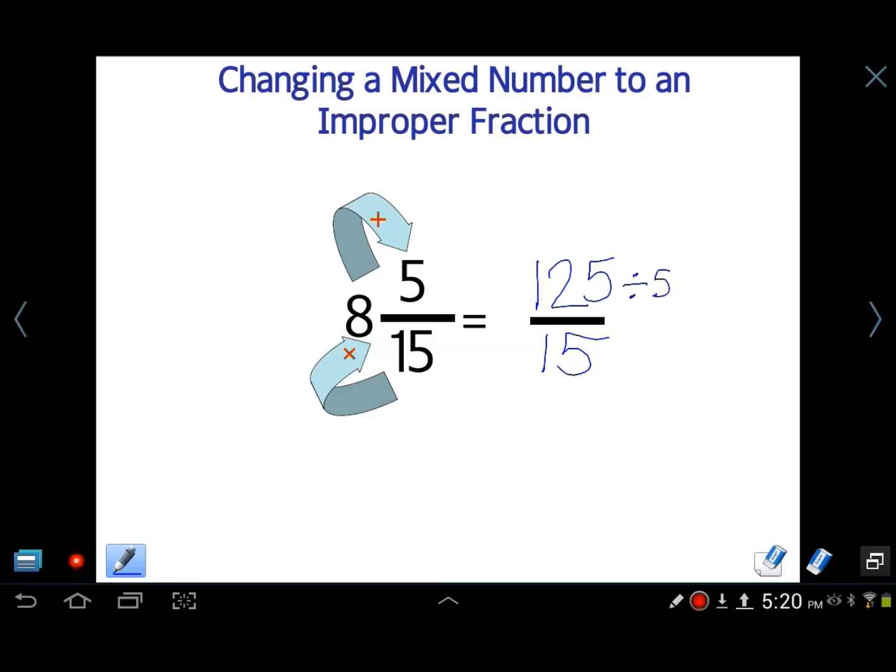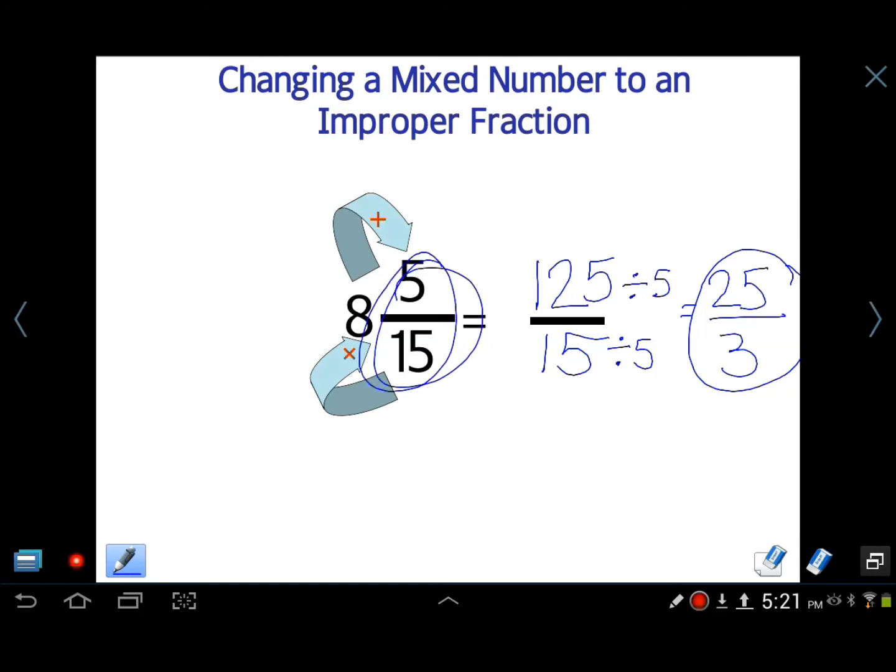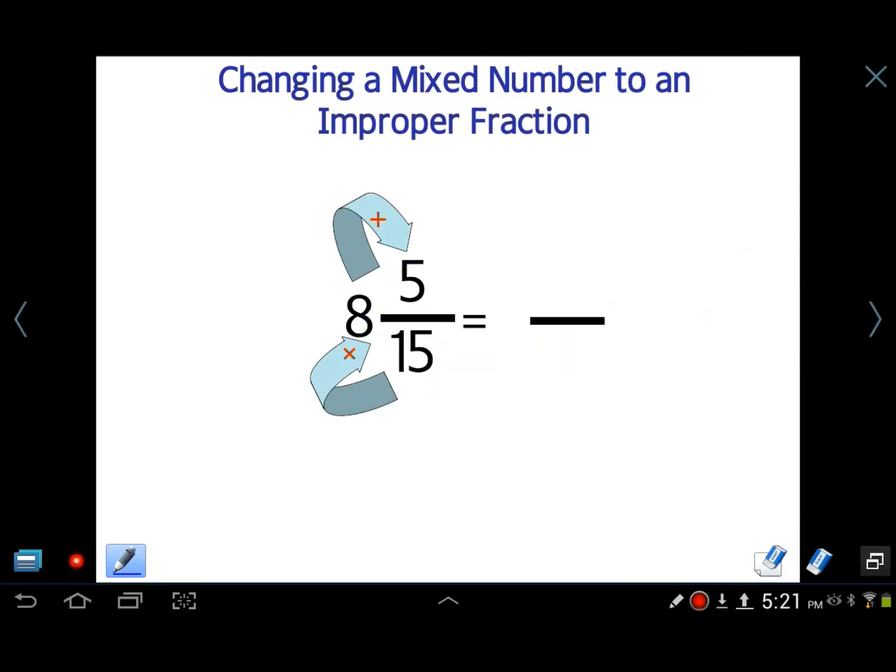So divide by 5. 125 divided by 5 is 25. 15 divided by 5 is 3. So you still end up the same way. You can see a theme here, where we're not getting a different answer, no matter how you do it. Whether you reduce first or you reduce last, as long as you reduce, you get the right answer. That's all that matters.